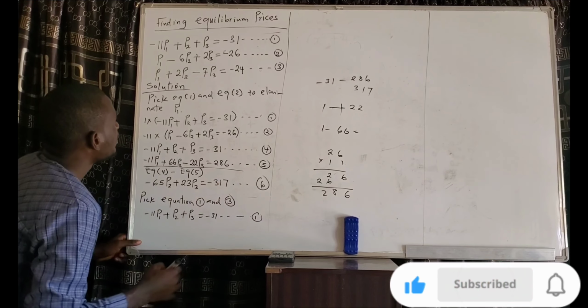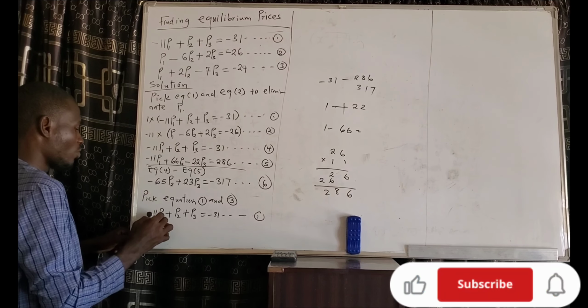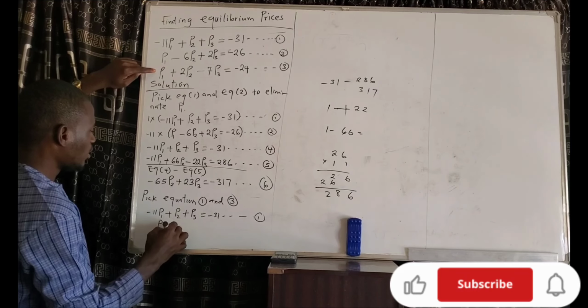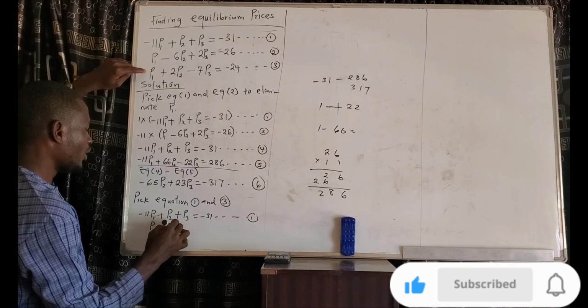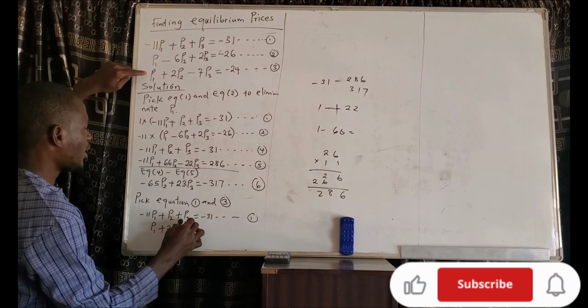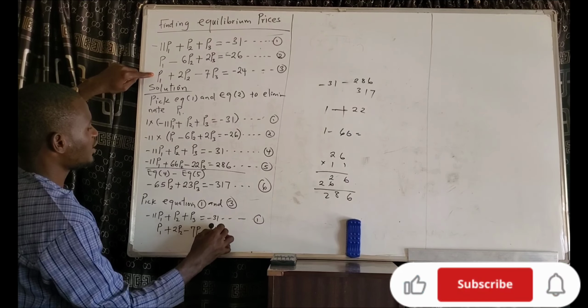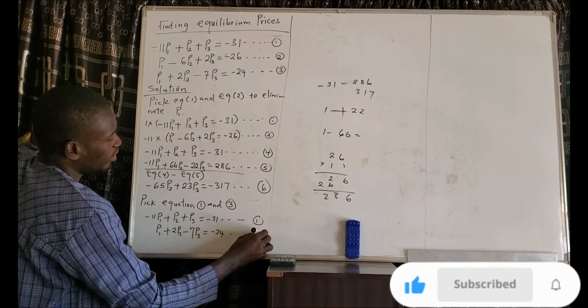Equation 3, we have p1 plus 2p2 minus 7p3 equal to negative 24.